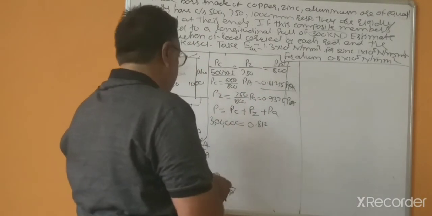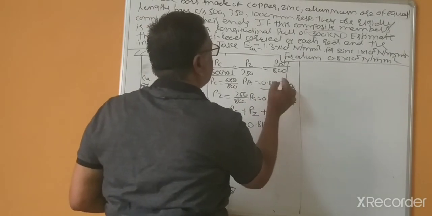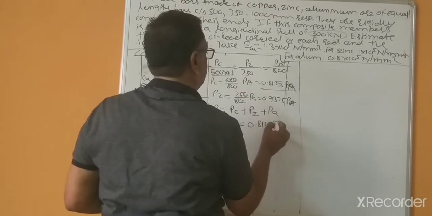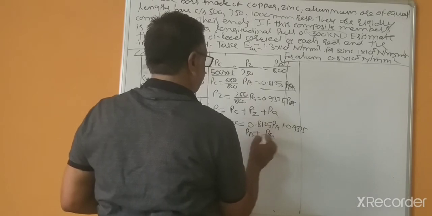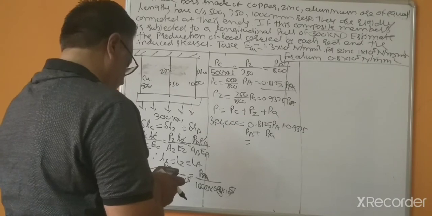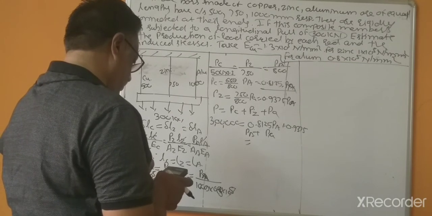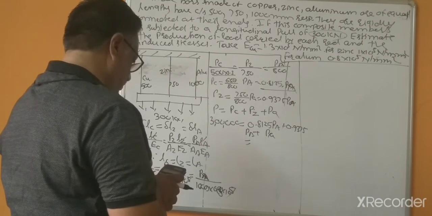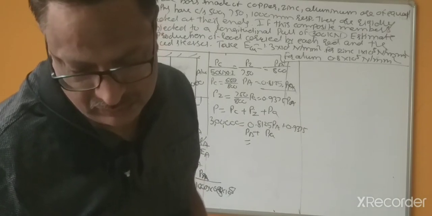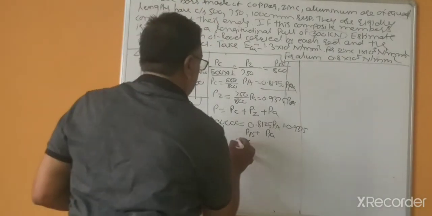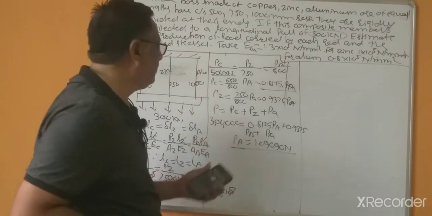Otherwise once again I will check. So PA equal to 109090 newtons. Load shared by the aluminium material is more.